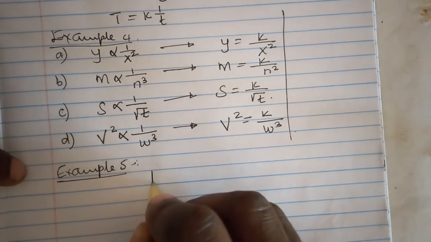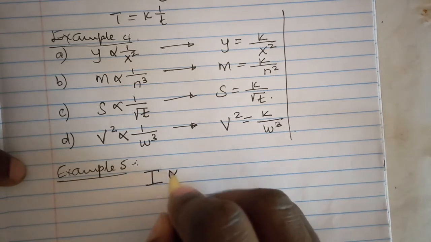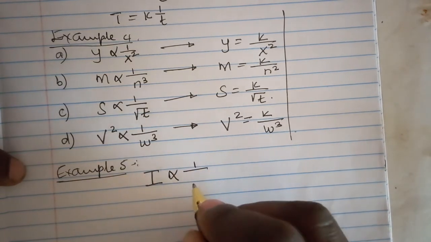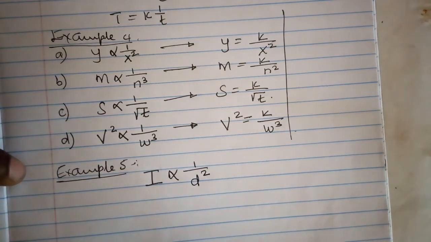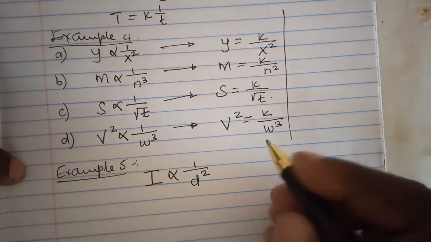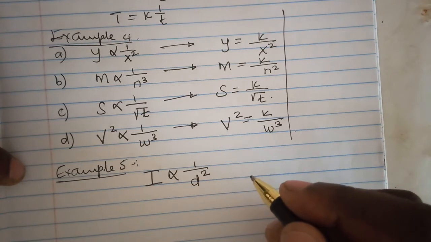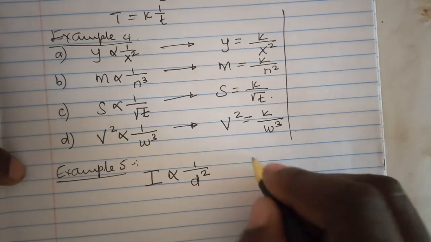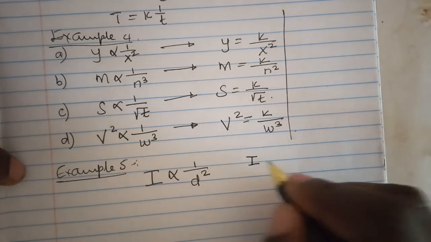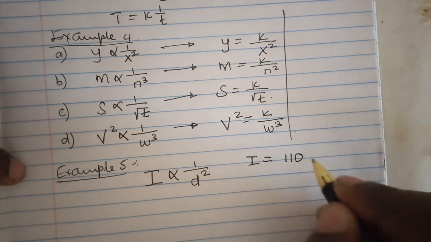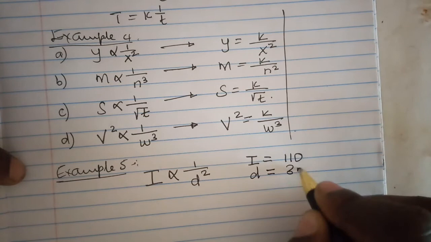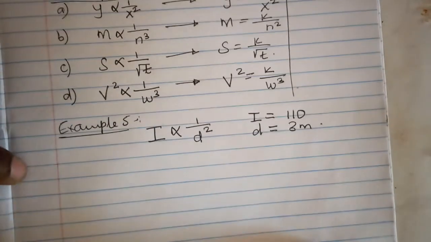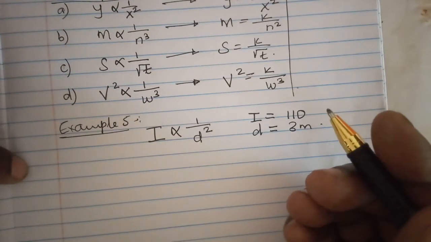At the festival, the intensity of the sound was 110 decibels, and the distance then was 3 meters. Find the formula relating I and D.